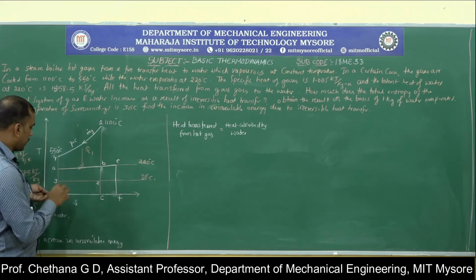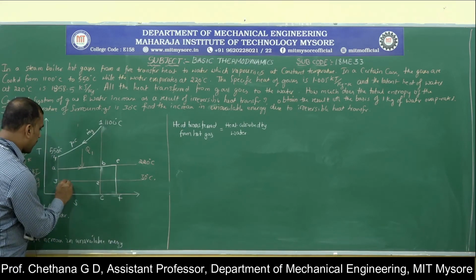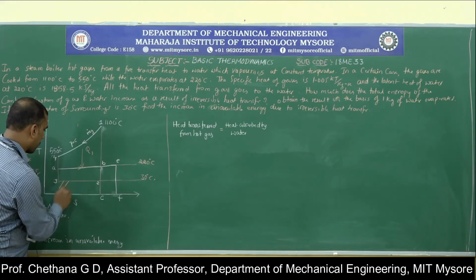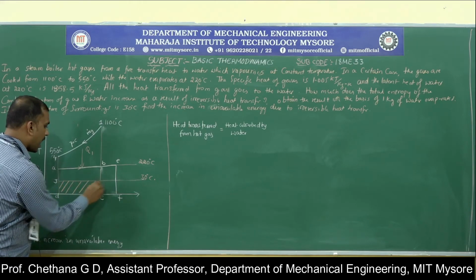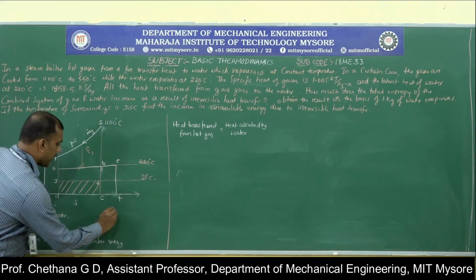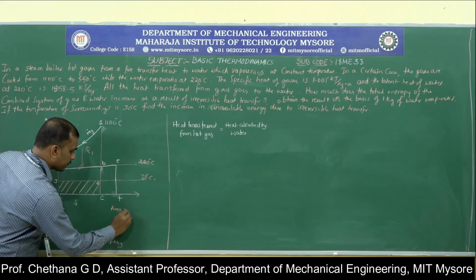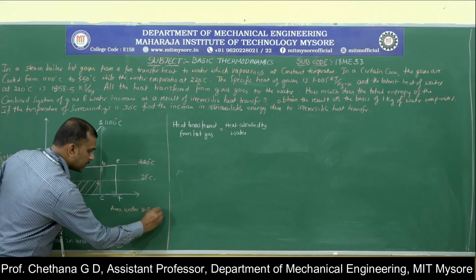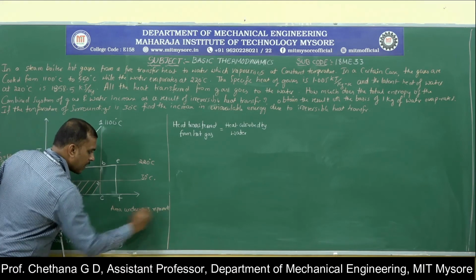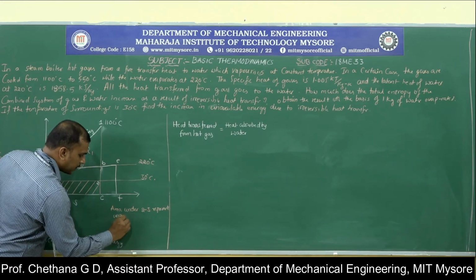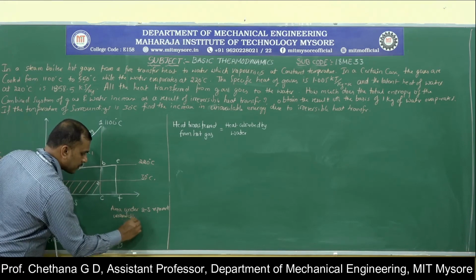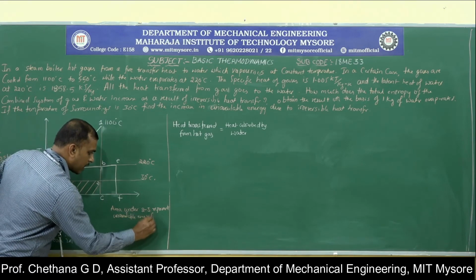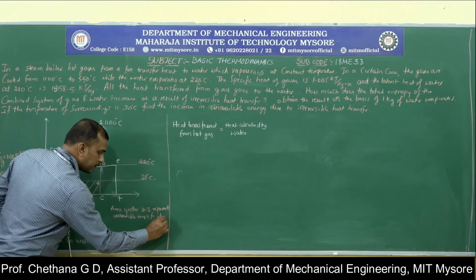Now what happened? This was the area of unavailable energy. Area under 2 to 3 represents unavailable energy for the ideal cycle.